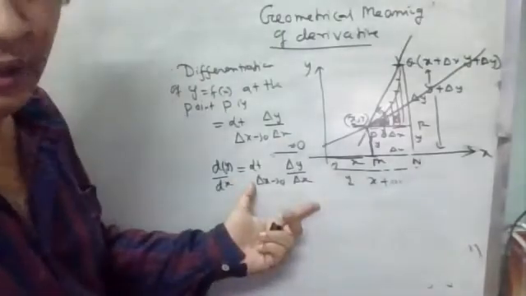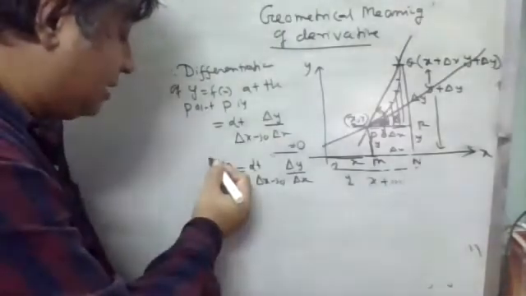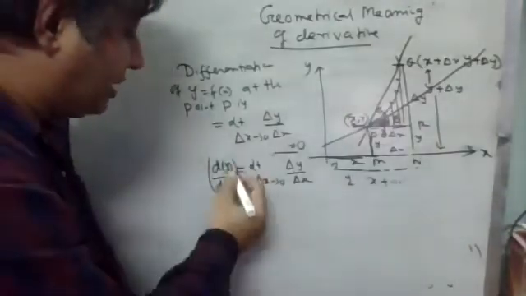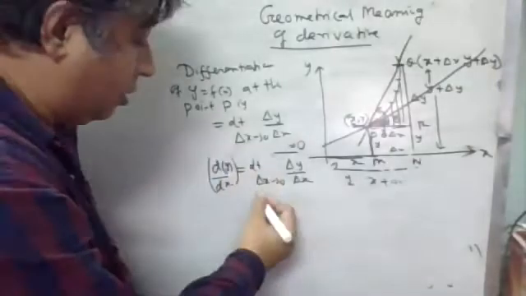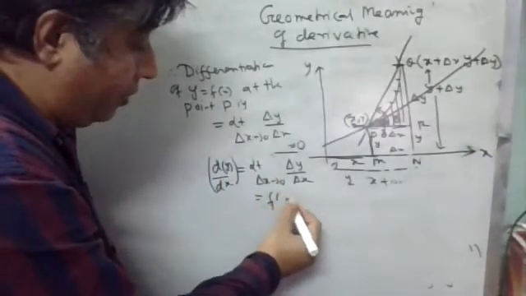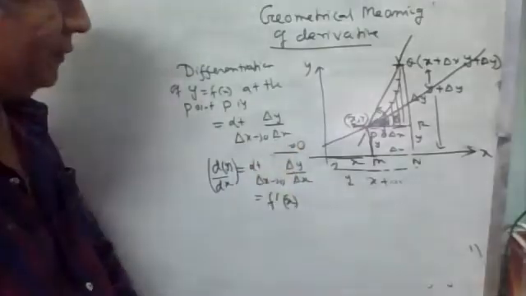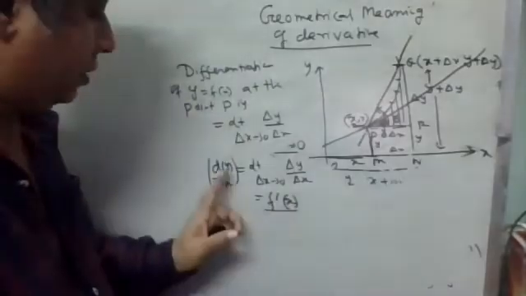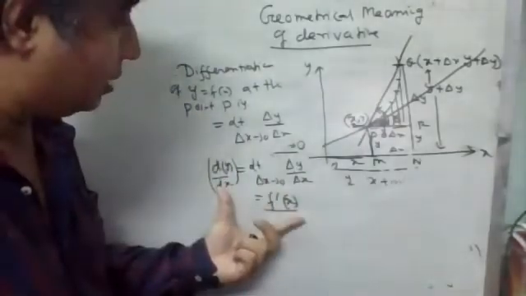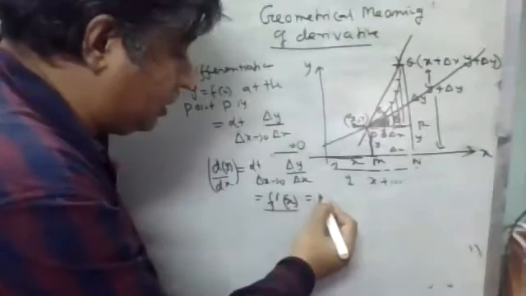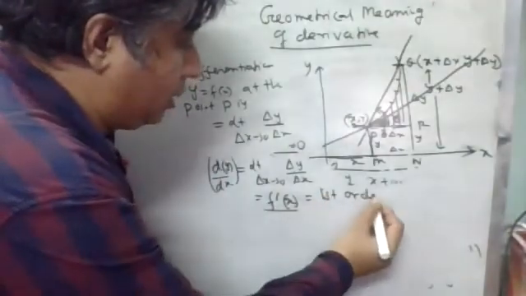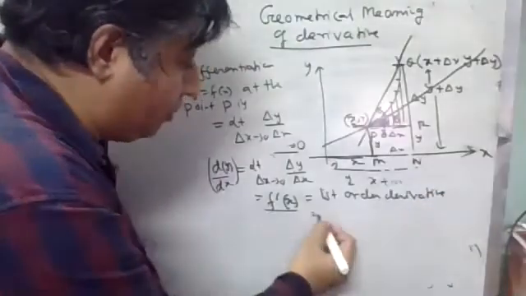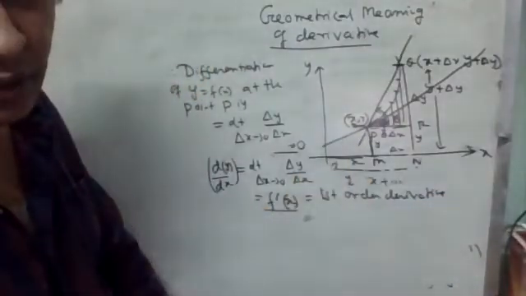This is differentiation at P. This is called the first order derivative, and its notation is f dash x. So this is the geometrical concept of differentiation.